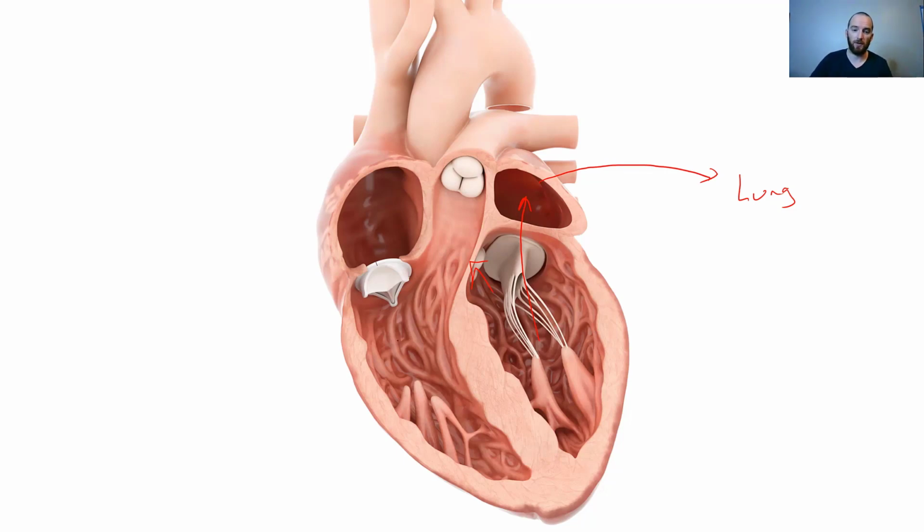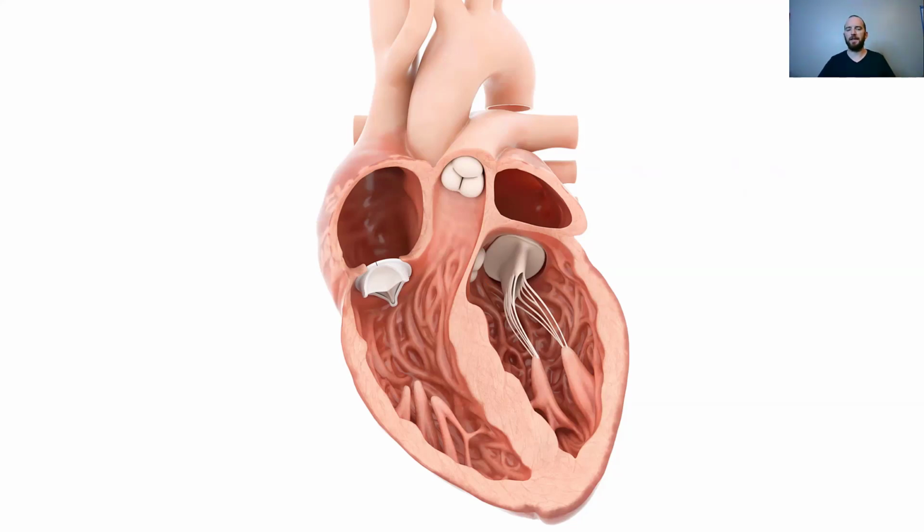Same thing if there's an issue with the right side and that right ventricle wasn't pumping well to the lungs, it would back up from the right ventricle to the right atrium. And then the right atrium would back up out the vena cava to the body, and we talk about gravity dependent edema. So it's super important to be able to follow that blood flow normally so that later we can work backwards with it.